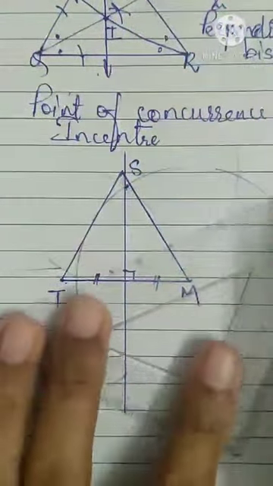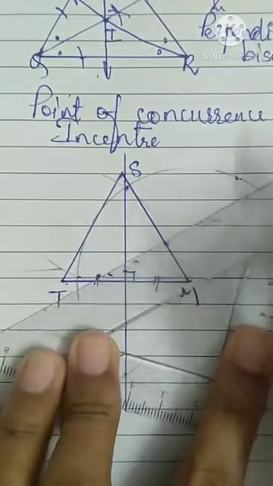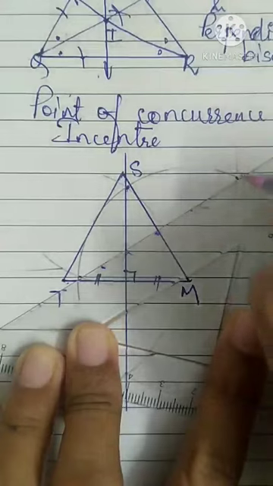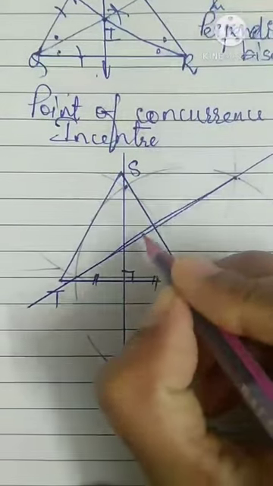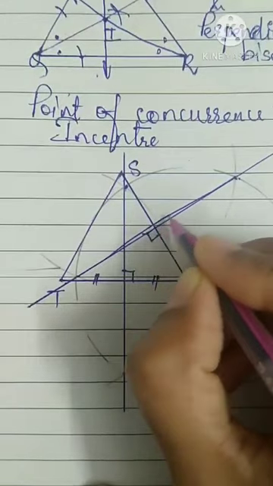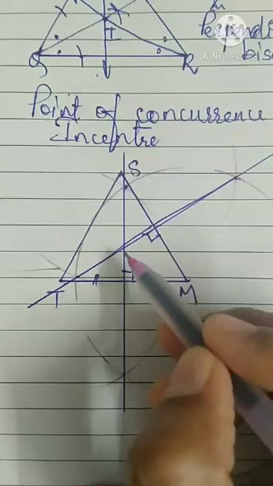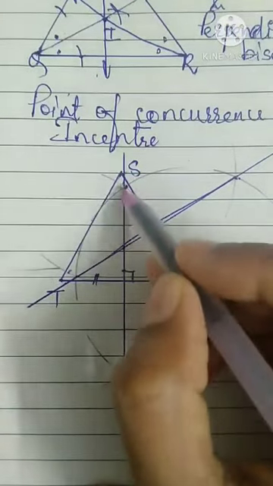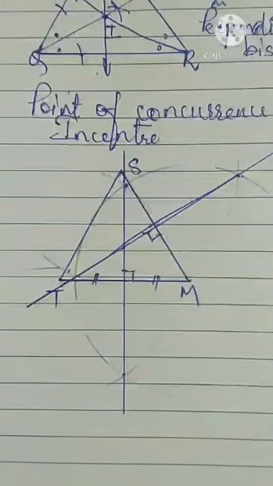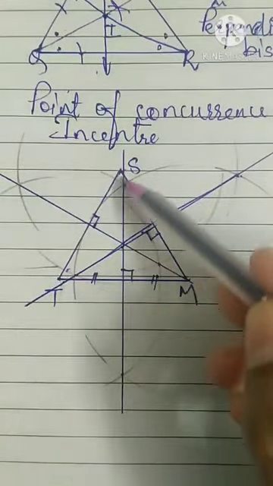And you used to join the point where the arcs meet, and we got our second perpendicular bisector. All the constructions you have to do with pencil. Similarly, you will draw the perpendicular bisector for ST.